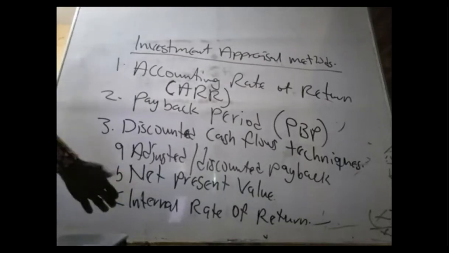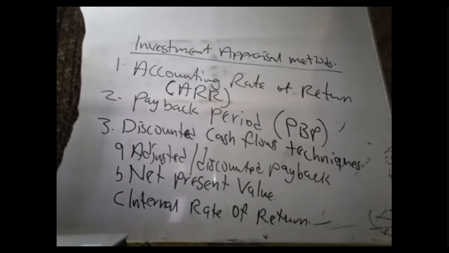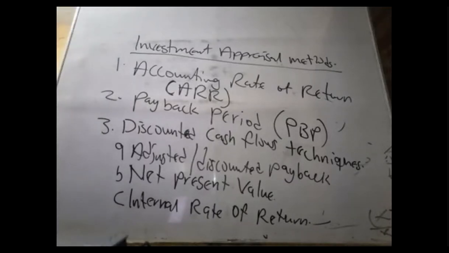Under this, we also have modified rate of return and APV. There are more, but we are going to limit ourselves to these per our syllabus. Okay, so that is it.